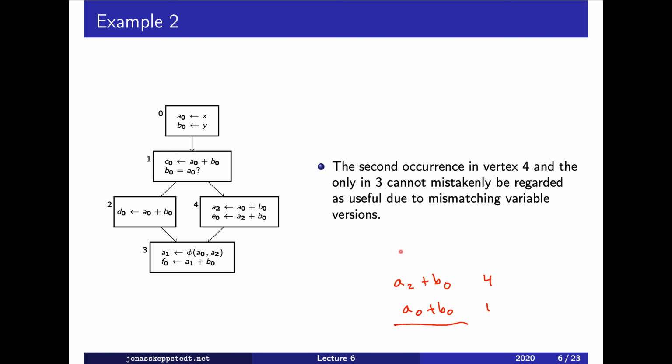Then we will remove this one and instead go here and push A1 plus B0 in vertex 3, remove it, and eventually remove that one also.